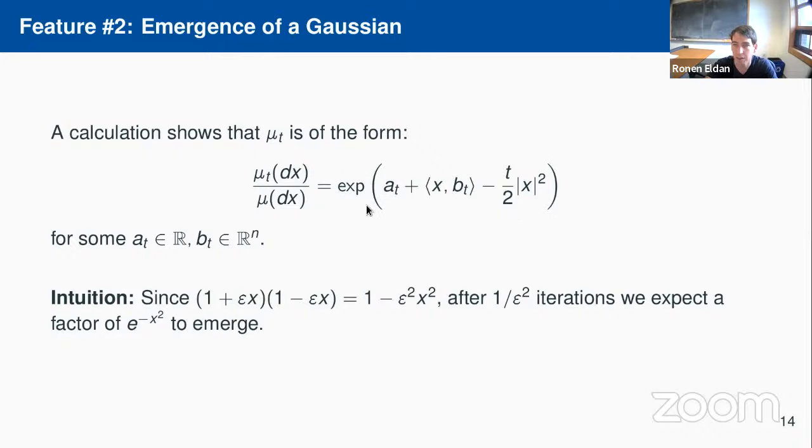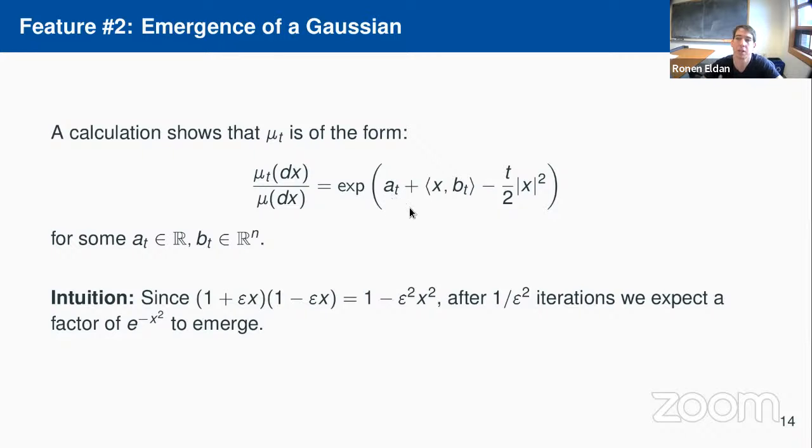So you can just think about it as the density of some Gaussian. And the quadratic term in this quadratic expression will just be deterministic, and all of the randomness will basically be incorporated inside those processes B t and A t.